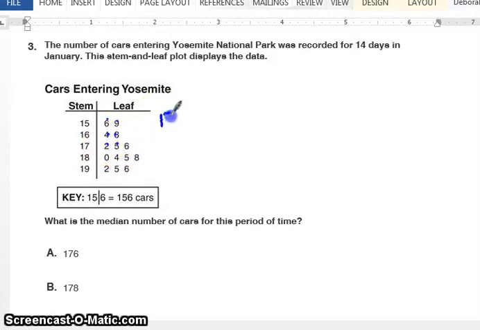So I got 176 there. Counting down from the top, 1, 2, 3, 4, 5, 6, 7. So 180 is there. So it's going to be in between there. So that should be 178.